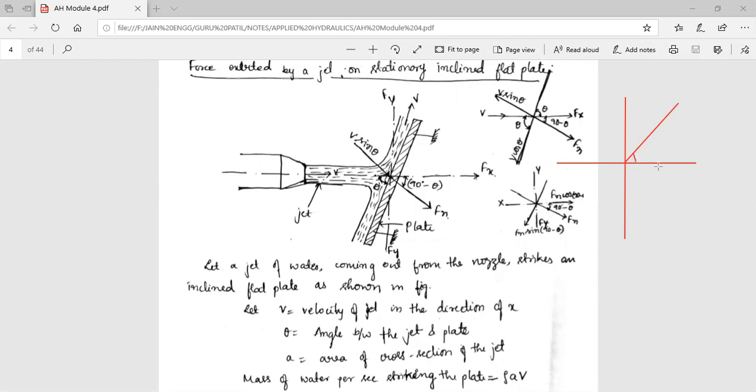If this force is F, this component will become F cos theta. Next, this force will become F sine theta. So the components of this force can be written as F cos theta and F sine theta.